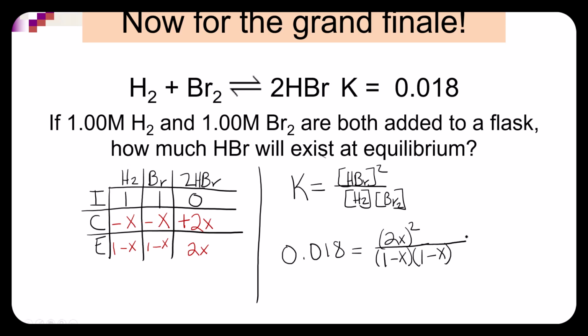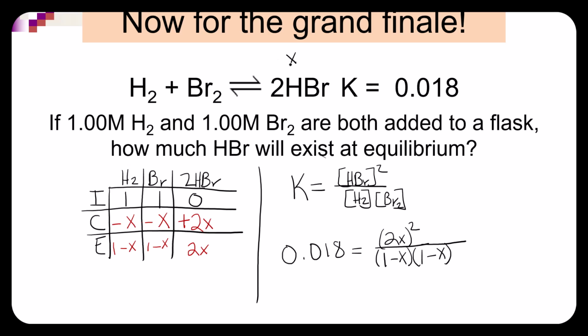This is that moment where we can pause and decide if there's a shortcut. And in this case, there is. So I want to rewrite this bottom portion: 1 minus X times 1 minus X. What's another way to write that? Well, let me come up here and maybe do something different.